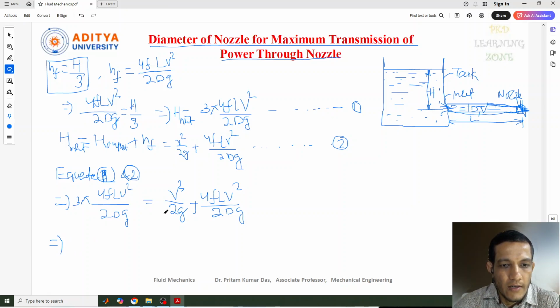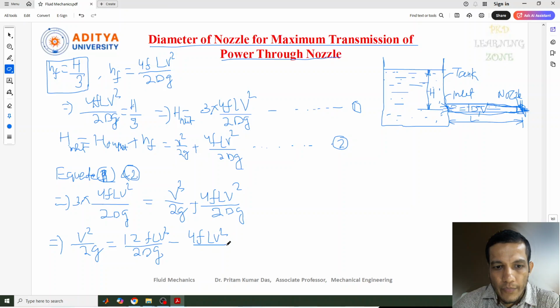Let's keep v square by 2g on one side, and on the other side 3 into 4 is 12 fl v square by 2dg, and this term we take to the other side, so it will be minus 4fl v square by 2dg.